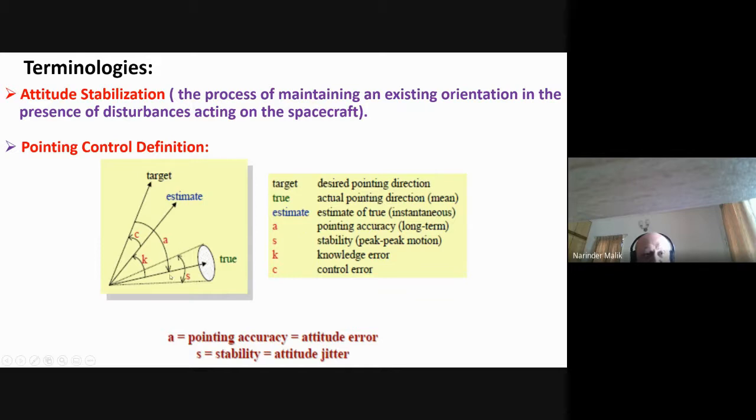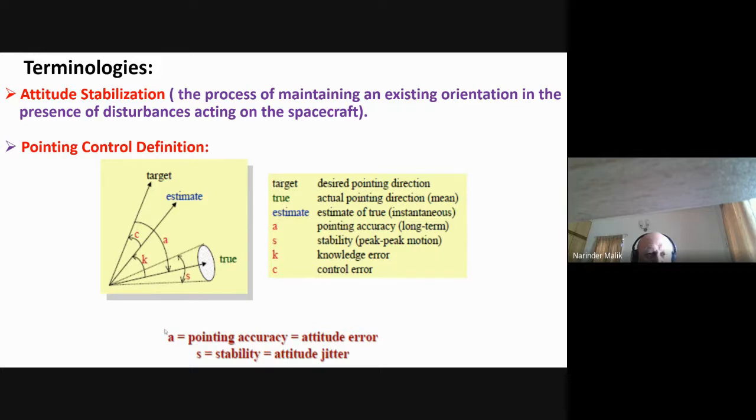So what is A? A is the pointing error from the true mean position to the target. That is the pointing error. S is stability peak to peak. That is the low frequency motion around the true value. That is called the stability peak to peak motion.